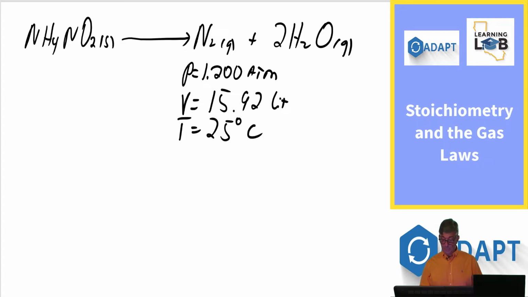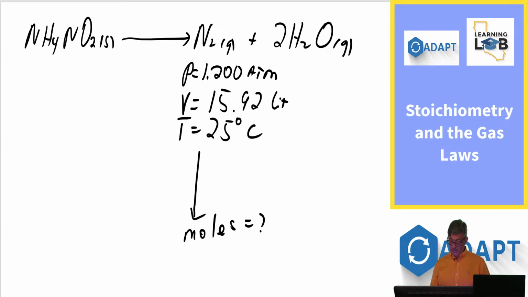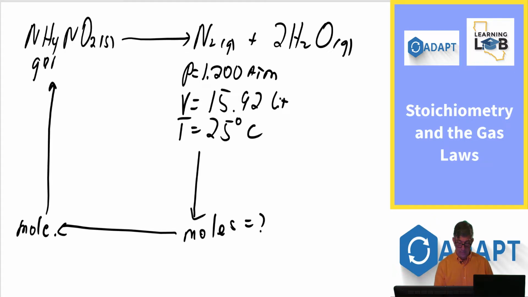What we're asked in part A is how many moles of nitrogen are produced, and then based on the moles of nitrogen produced, how many grams of ammonium nitrate are required to produce that amount of nitrogen. So this is like any stoichiometric problem.